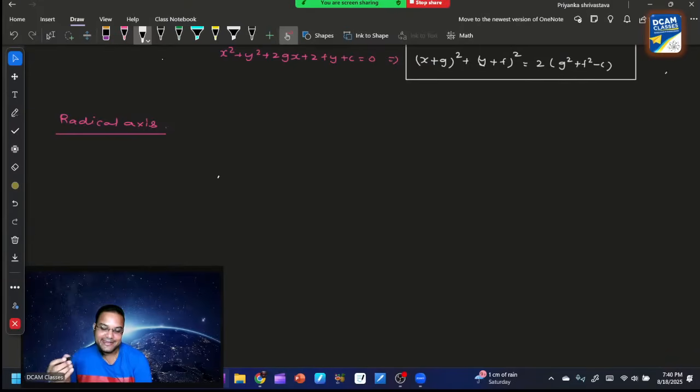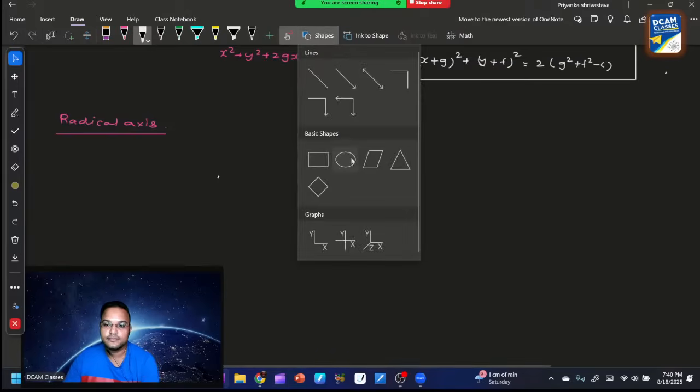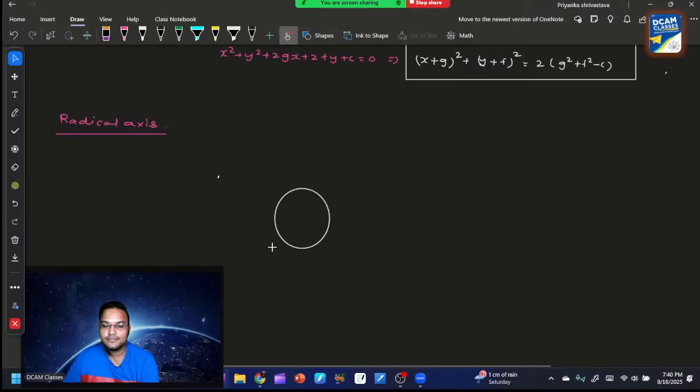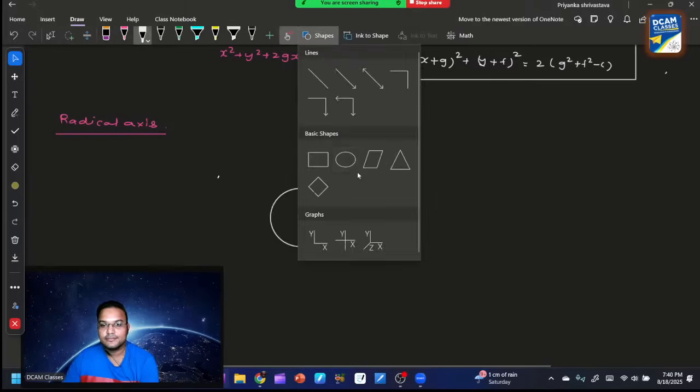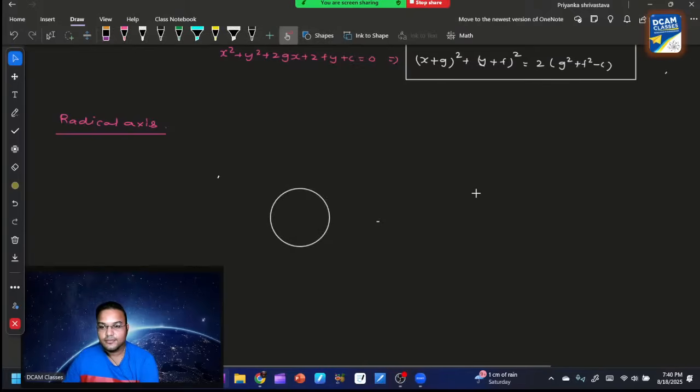Yes, sir. See, NCERT is only for basic students. If you want to learn higher mathematics and solve higher circle questions, then you have to learn these concepts. The radical axis and everything they won't teach you there. There's only the first part there. After that, everything is gone. If you were studying from a CBSE point of view, I would have taught only that. I do not teach CBSE students.